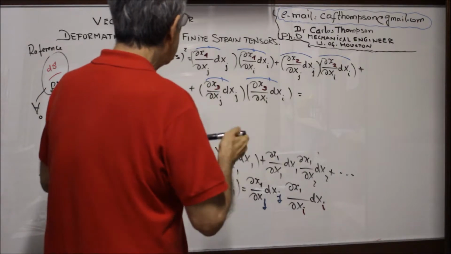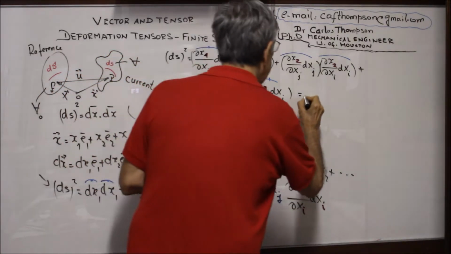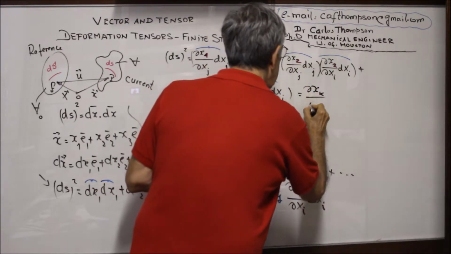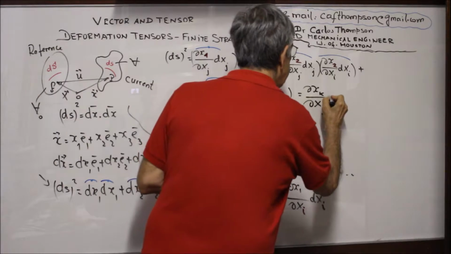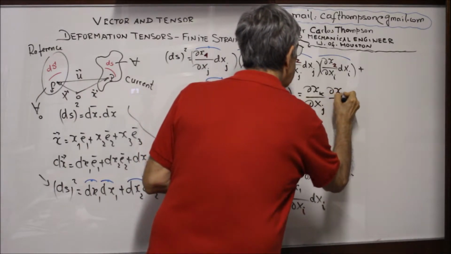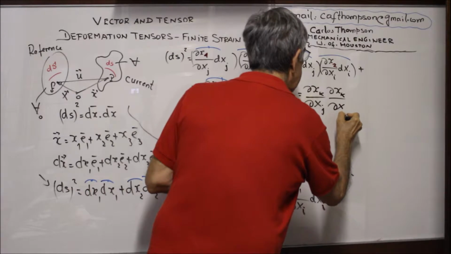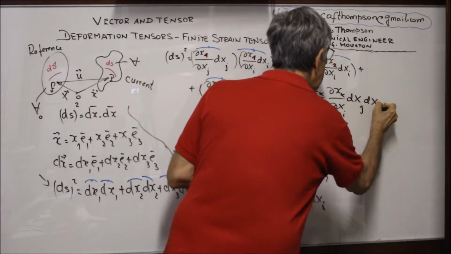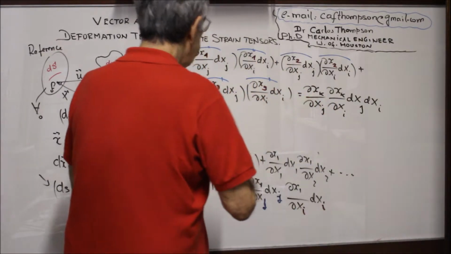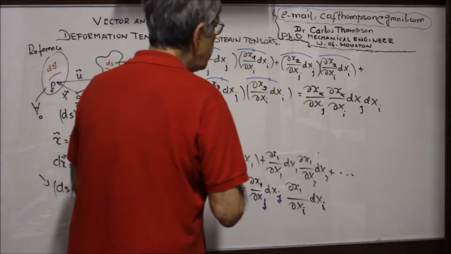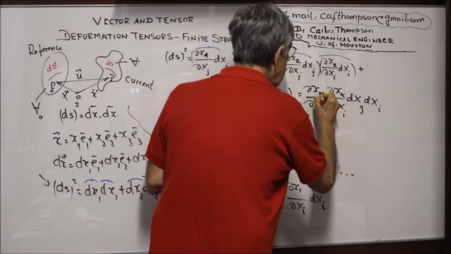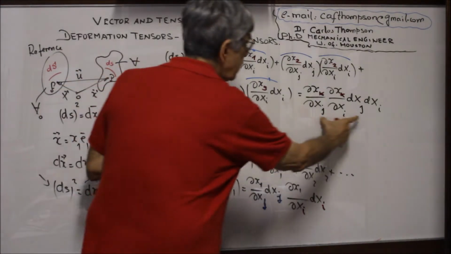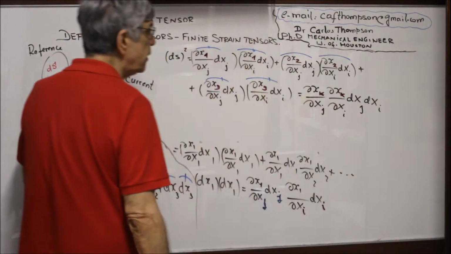So we can put this as partial xk over partial xj, partial xk over partial xi, dxj dxi. So easy, you see? Because k over here is a dummy index, like j is a dummy index, like i is a dummy index.